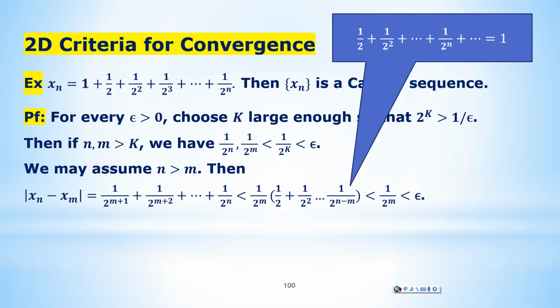So the key is you estimate xn minus xm. You can see all these terms are actually part of a geometric sequence, and the geometric sequence is computable. So therefore you can control everything so that it's less than epsilon. Now, if you have a different sequence, you have to find a way to control the difference.